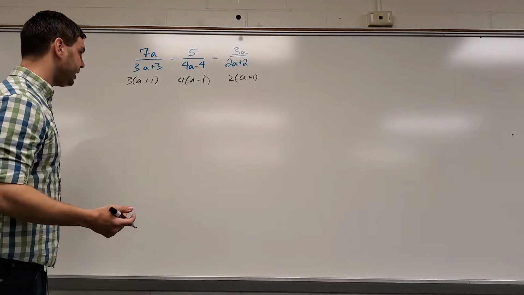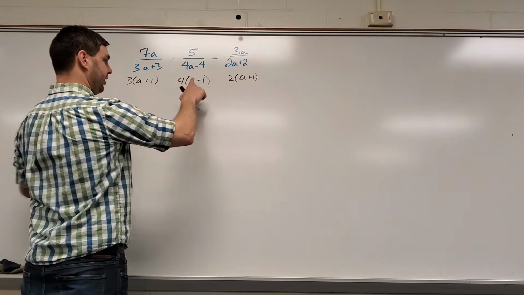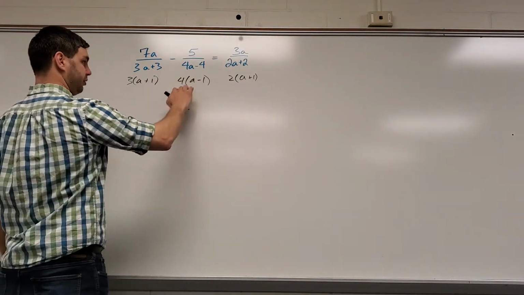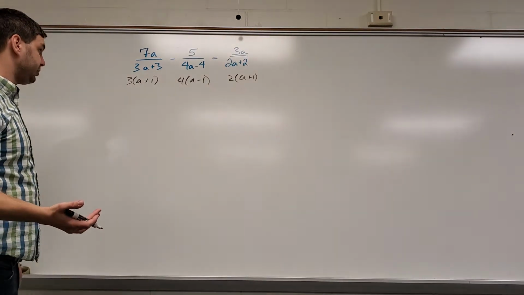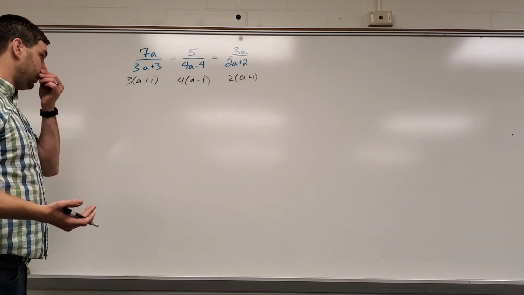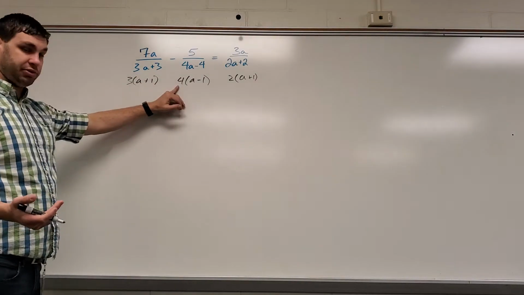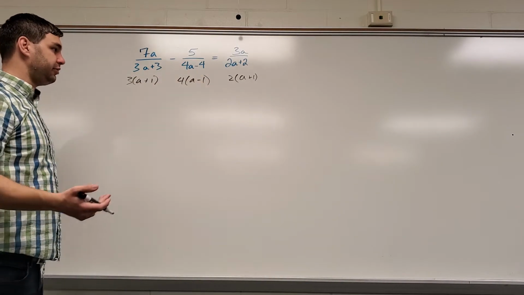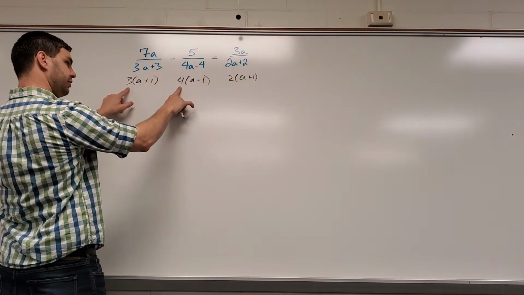All right, so if I look at each of these parts, I have a couple of a plus 1s, I have an a minus 1, and I have a 3, a 4, and a 2. Okay, so it gets a little bit tricky, right? Now, you might want to multiply all those together. 3 times 4, which is 12, 12 times 2, which is 24. But if you just look at this side, 3 times 4 is 12.